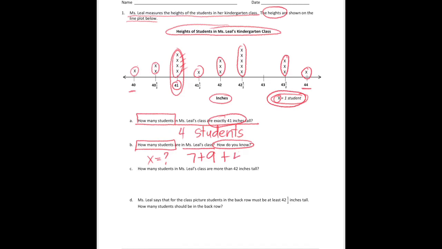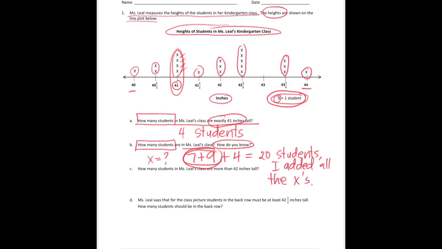So 3 plus 1 is 4. There you go. Now add all 3 numbers. 7 plus 9 is 16. Plus 4 is 20. So there are 20 students in Miss Leal's class. Now, how do you know? I added all the X's.